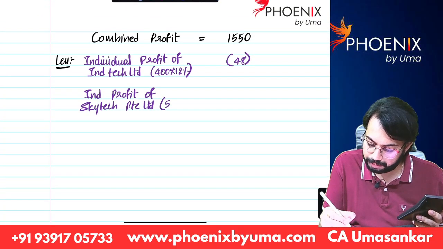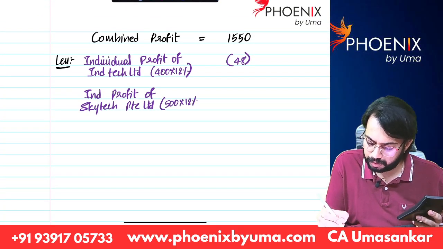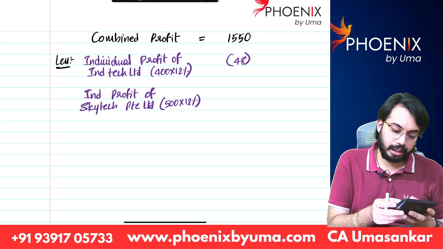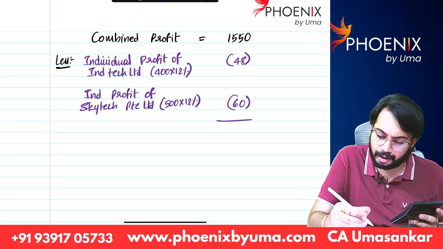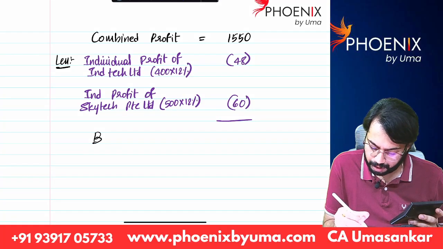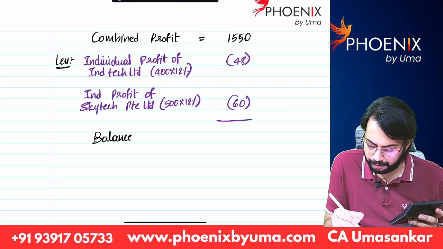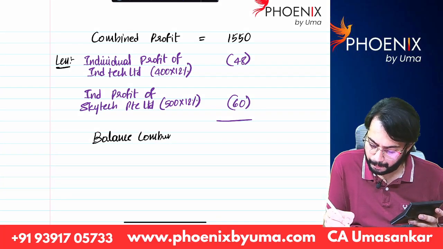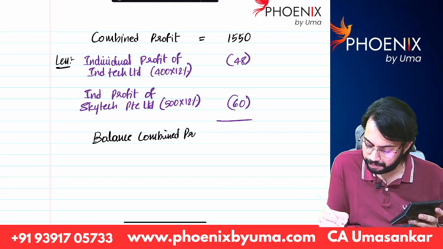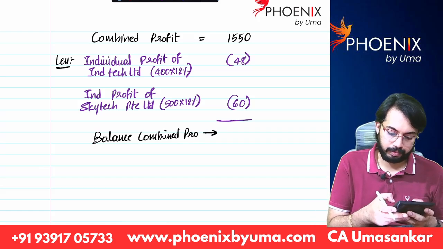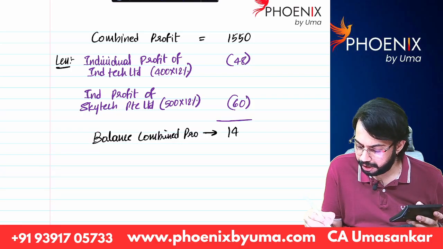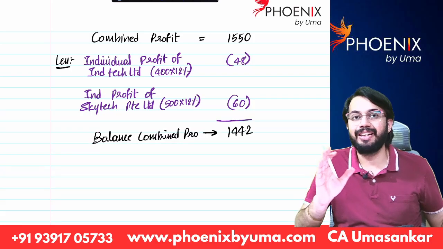How much? 60 rupees. So how much is the balance combined profit? Balance combined profit is 1442.